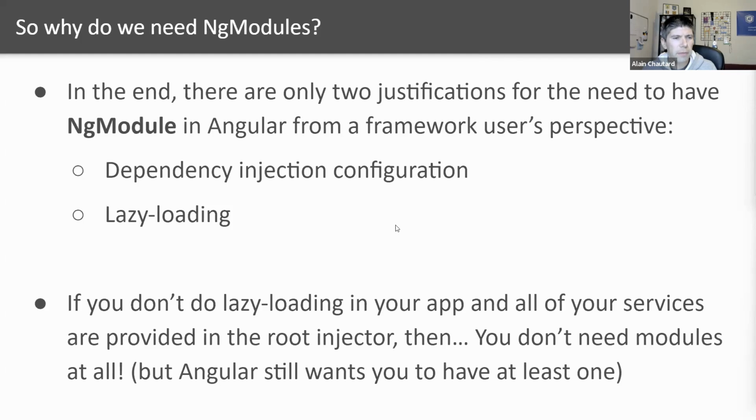So with all of that in mind, I know that sometimes people are going to say, yeah, but there's the notion of having my services in a specific module and all of the common components in a specific module. Sure, that's the best practice. These are the recommendations from the Angular team, and that's what we do most of the time in Angular apps.